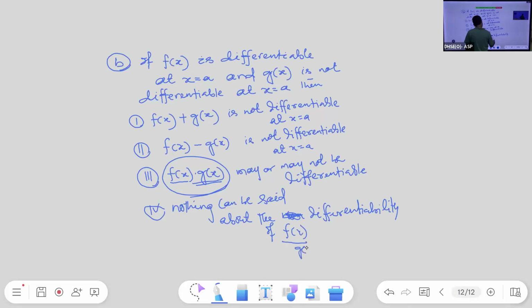That is, in general, we can't comment on differentiability of f of x upon g of x. For the differentiability, we have to check whether the given functions are differentiable or non-differentiable, right?